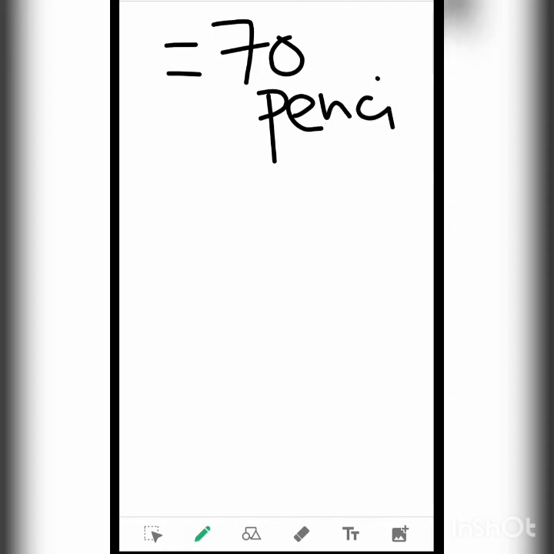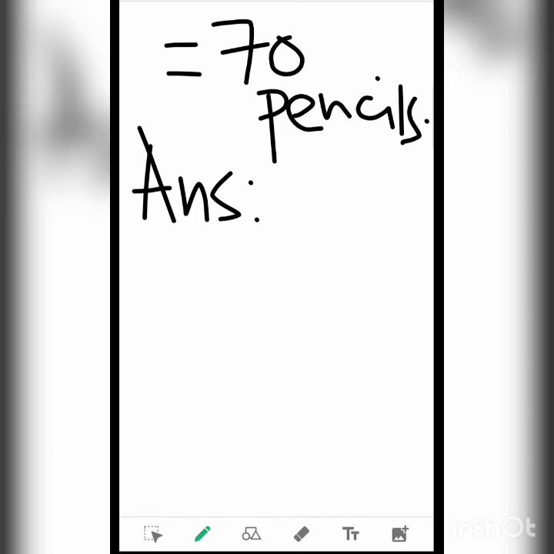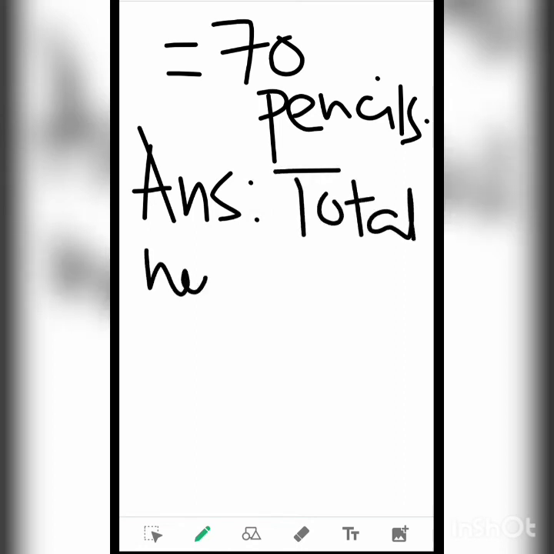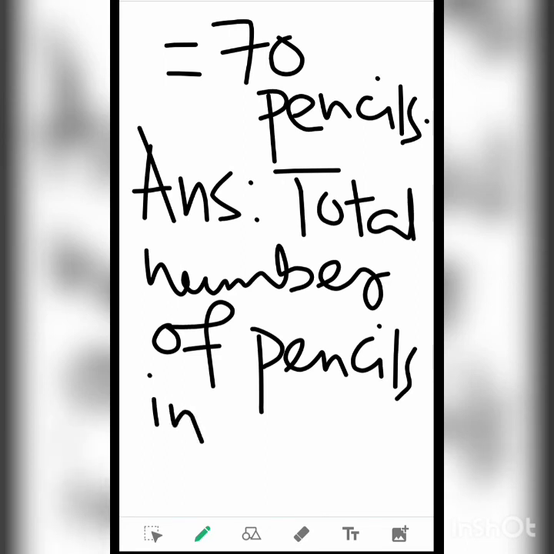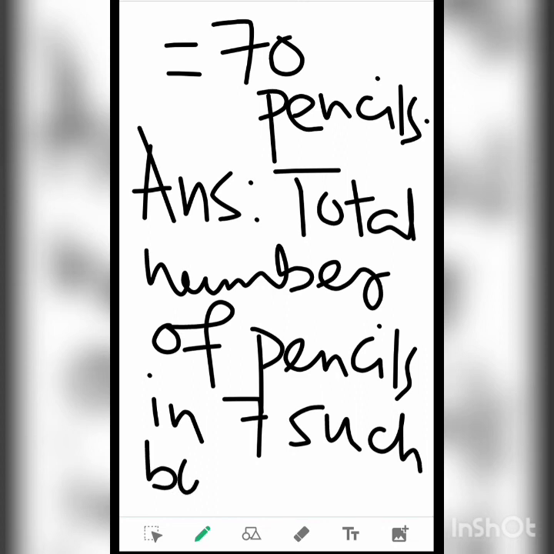So this is our calculation. Finally, we'll write answer, total number of pencils in 7 such boxes is 70.